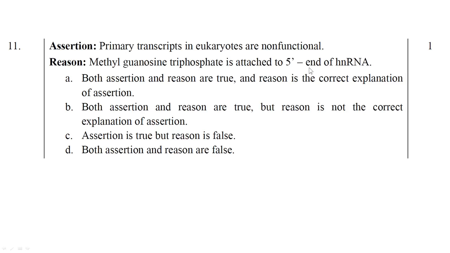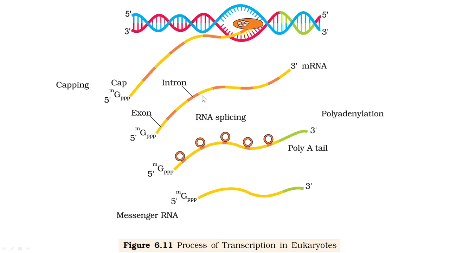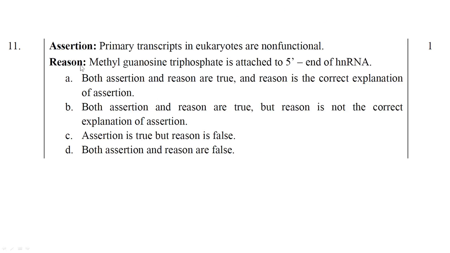You can clearly see over here, this is the heteronuclear RNA, and in the heteronuclear RNA there is the presence of methyl guanosine triphosphate at the 5' region. That is also true. So both the assertion as well as the reason are correct. They are both true. So you can cancel out this C as well.